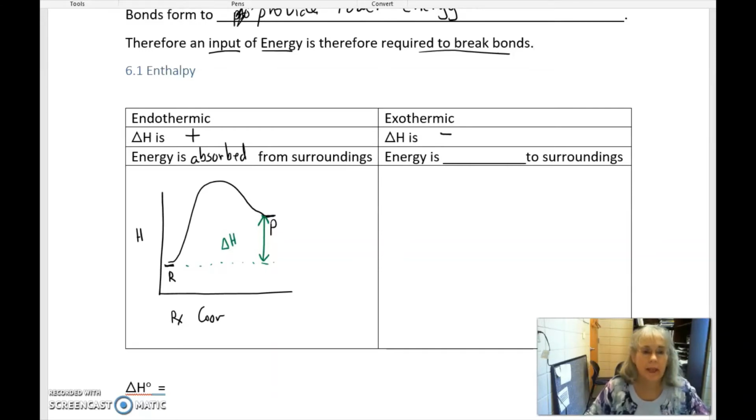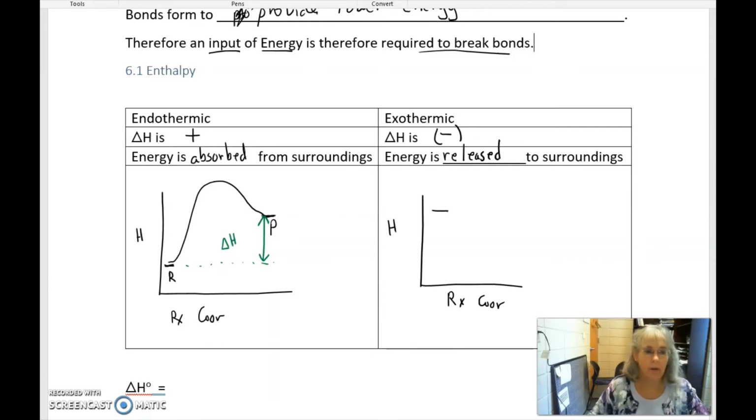Okay, so if we go to exothermic reactions, the delta H is going to be negative. Energy is released. So if you burn wood, that's exothermic. It releases energy. We're going to be drawing a lot of these reaction diagrams. Here we've got H on this axis and reaction coordinate over here.